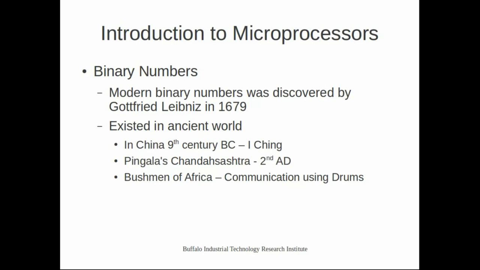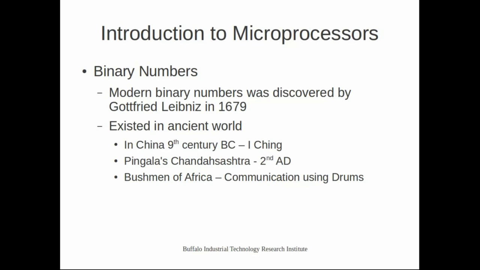A binary number can be converted into decimal number by multiplying the value of digits with 2 power n minus 1, where n is its position from right to left. For example, when you convert 11 in binary to decimal, we multiply the 1 in 1's place with 2 power 0 and 1 in 2's place with 2 power 1, and we get 3, which is the decimal equivalent of 11 in binary.